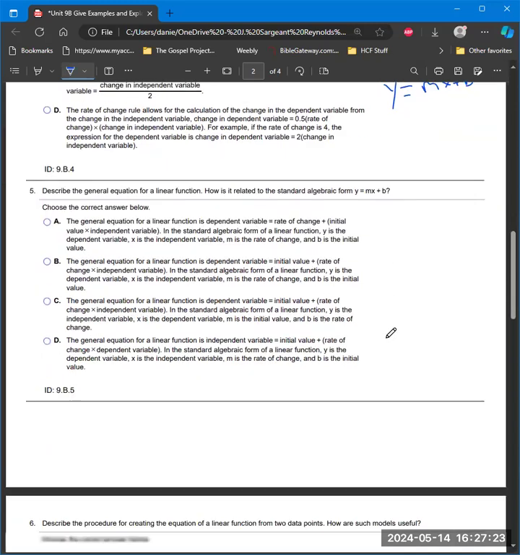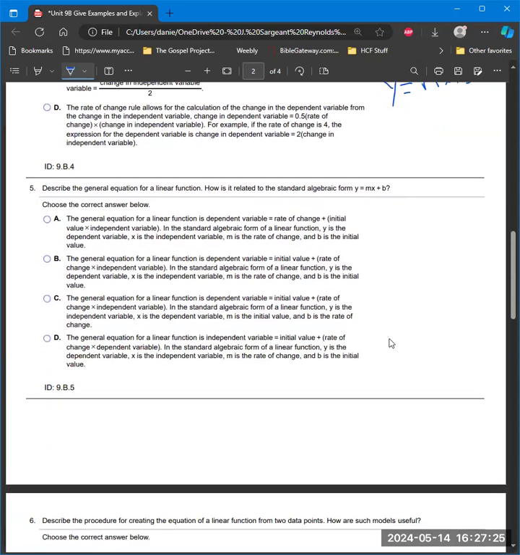All right. Describe the general equation for a linear function. How is it related to the standard algebraic form of y equals mx plus b? And we just talked about that. The general equation for a linear function is dependent variable equals initial value plus rate of change times independent variable.